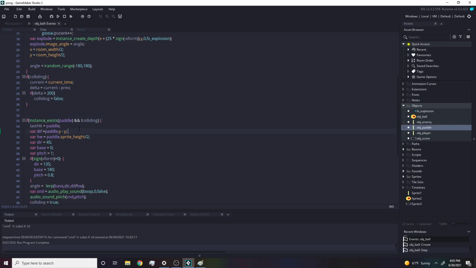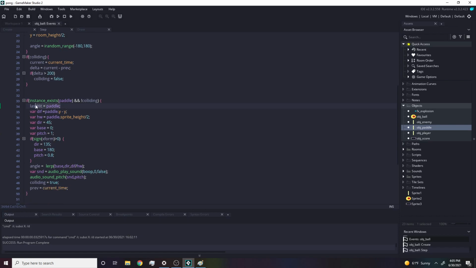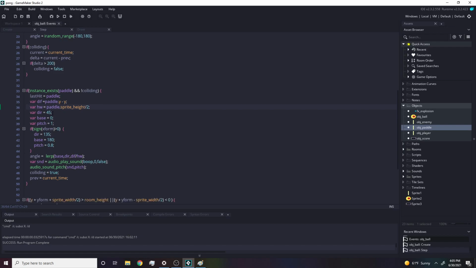Then last hit, we keep track of what we last hit, and then basically what we're doing here is taking the difference between the paddle Y origin and the ball's Y origin, and then getting the half height of the paddle, and storing the base direction we want to go afterwards.